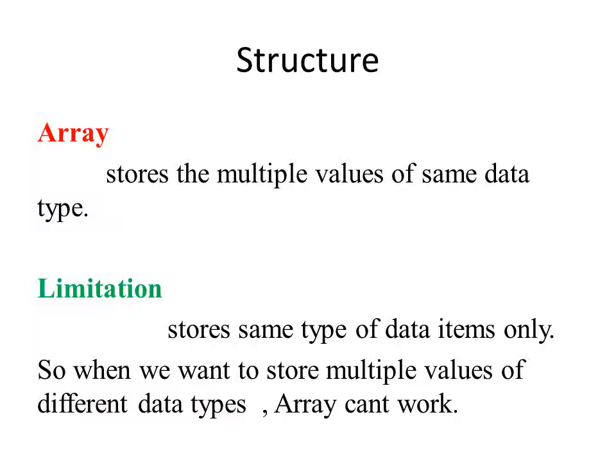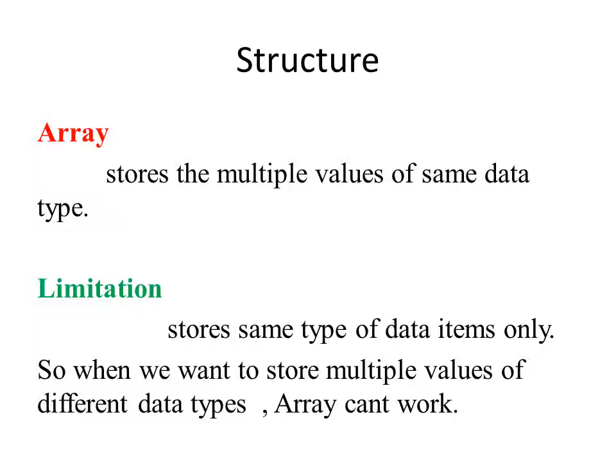Next, if we want to make a group of data, then we can use the array. When we want to store multiple values of the same data type, we use the array. We have already seen this concept in our last lecture: arrays store multiple values of the same data type.